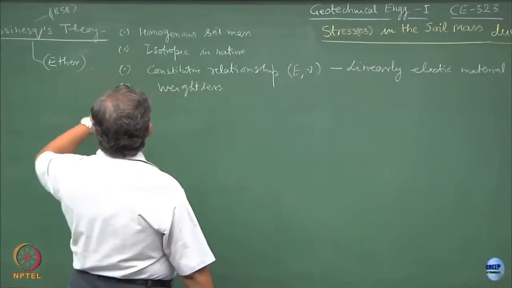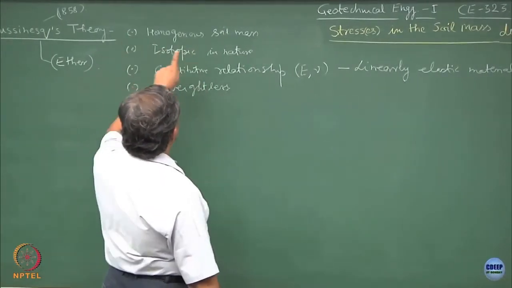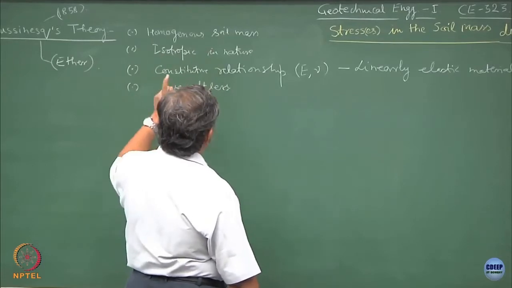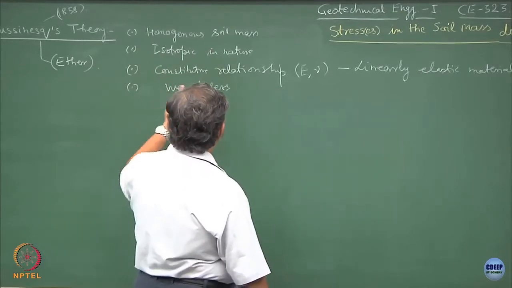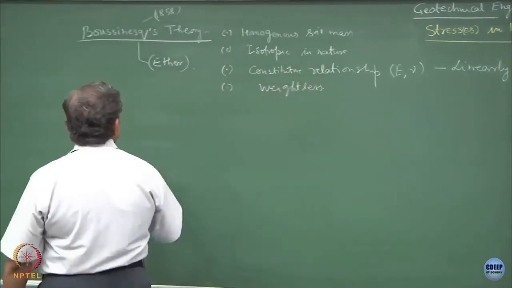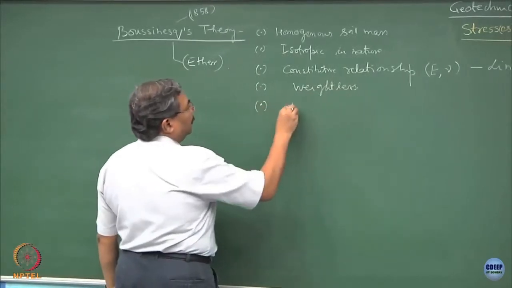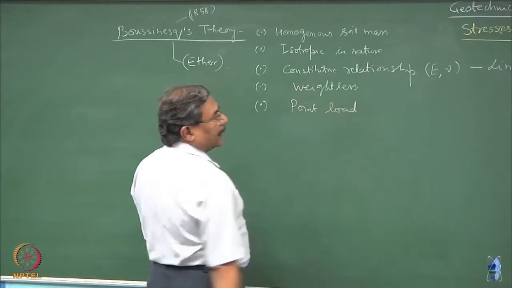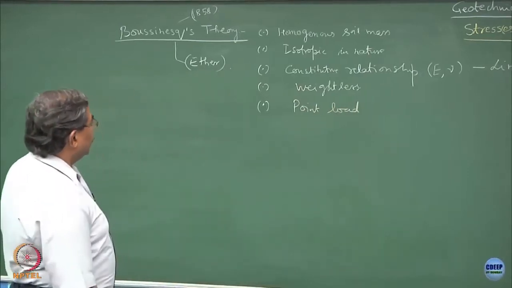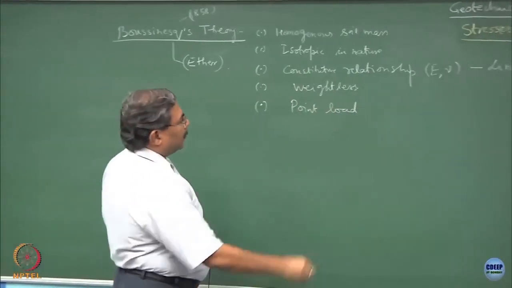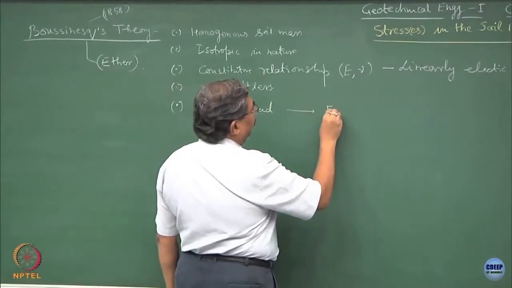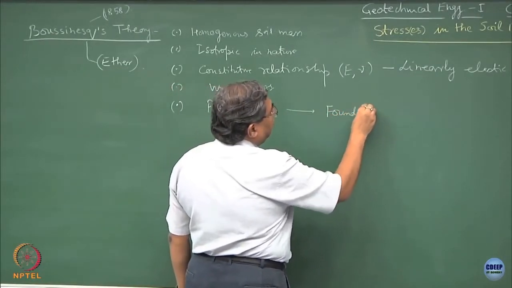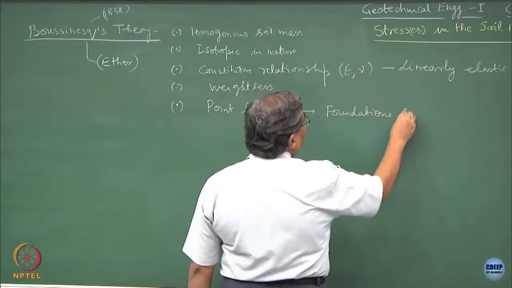So, if these relationships are valid: homogeneous, isotropic, constitutive relationship is valid, weightless material, and the point load, the external load which is acting on the soil mass is a point load. Where do you come across point loads? As I said, foundations of columns.